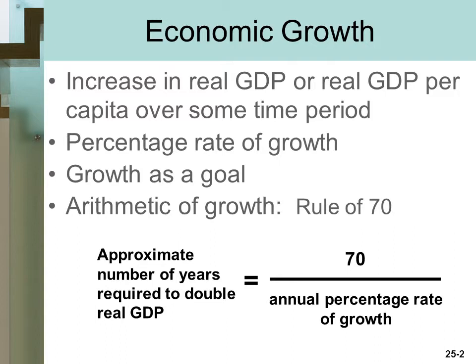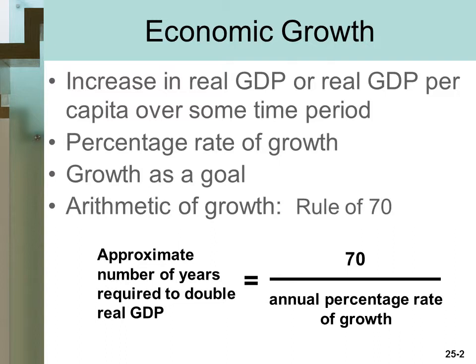So we can guesstimate pretty accurately how long it'll take for your portfolio to reach a certain level based on an assumed growth rate. Now, for an economist, it's a straightforward proposal. If we take the growth rate of real GDP and ask what 70 divided by that growth rate is, that'll tell us roughly how long it takes an economy to double its economic output.